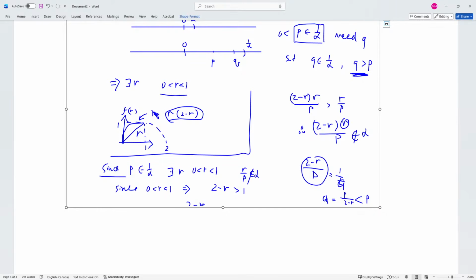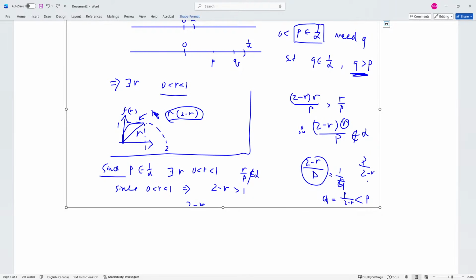No, that works. What do you mean that works? I need a reciprocal times something that is less than 1 to be not in alpha. I wanted to use this r, but the reciprocal would give us q equals p over 2 minus r.